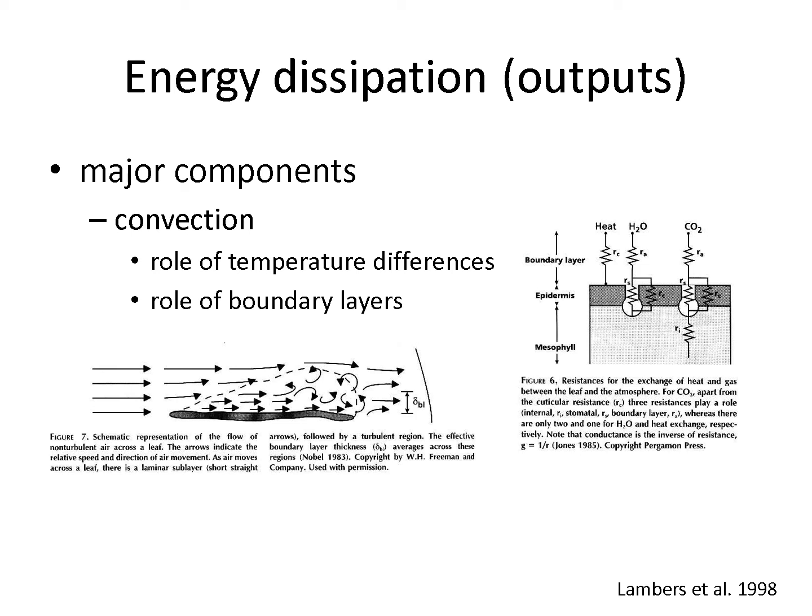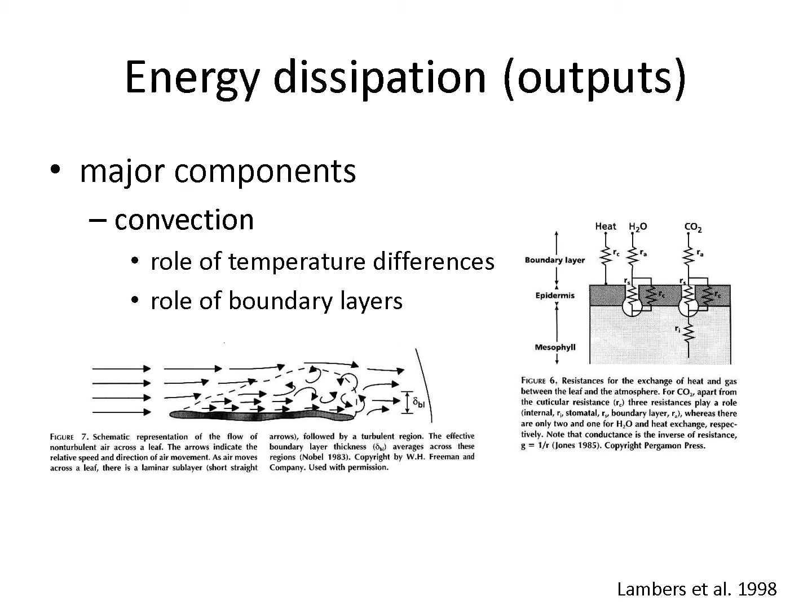There are two major components for energy dissipation. The first is convection. Convection refers to the loss of temperature from a leaf due to the transfer of energy from the leaf to the surrounding air.